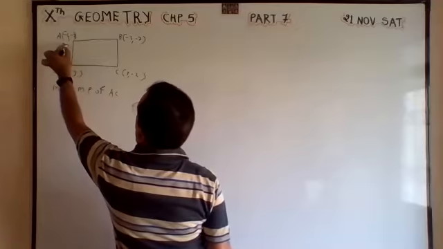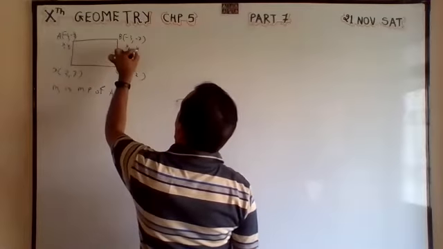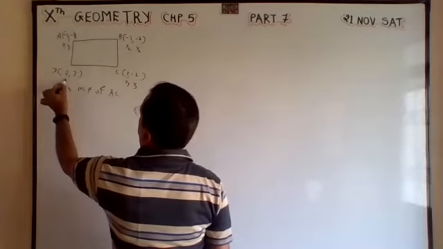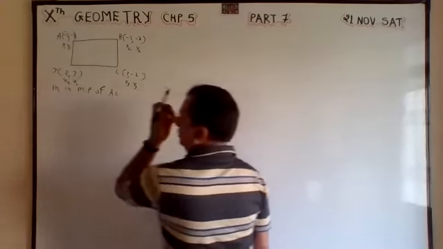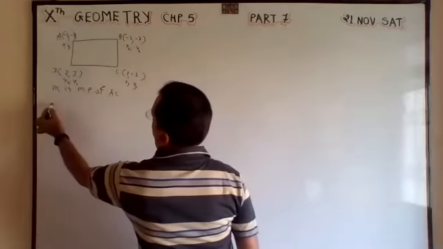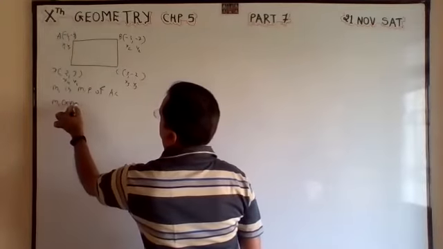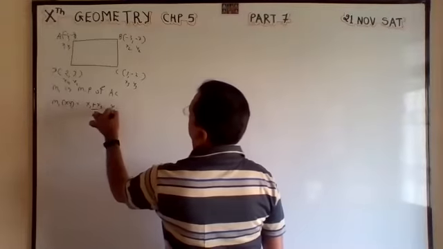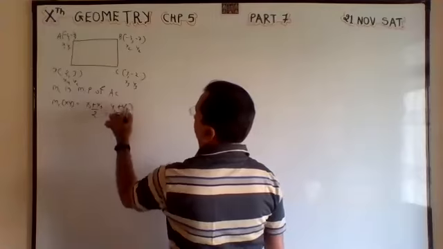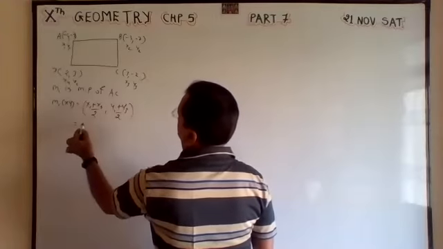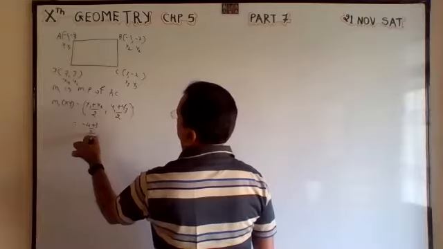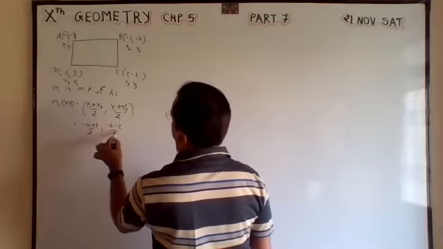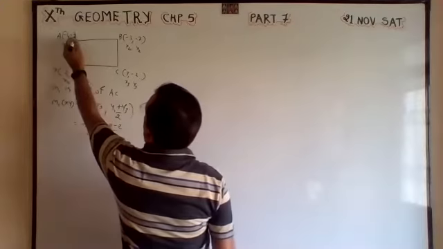This is x1, y1, x2, y2, x3, y3, x4, y4. So M1 xy is x1 plus x3 divided by 2, y1 plus y3 divided by 2, that is minus 4 plus 3 divided by 2, minus 2 plus 2 divided by 2.